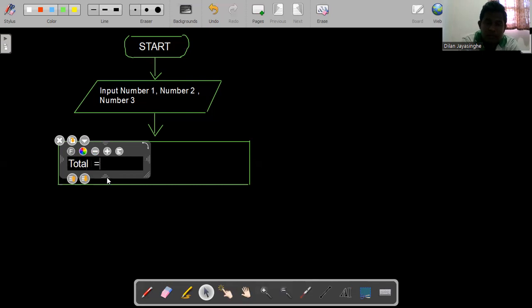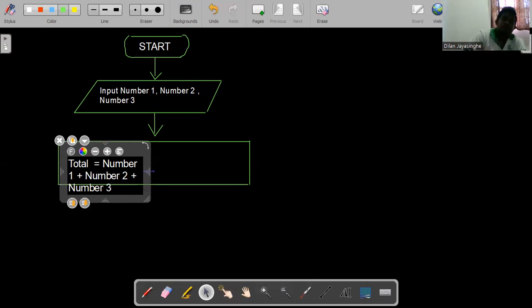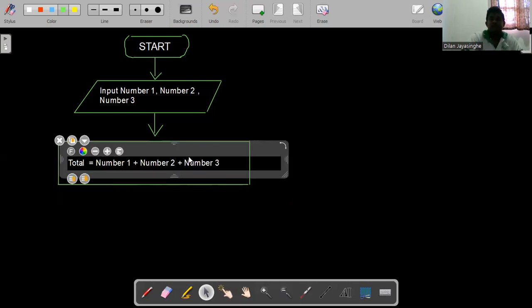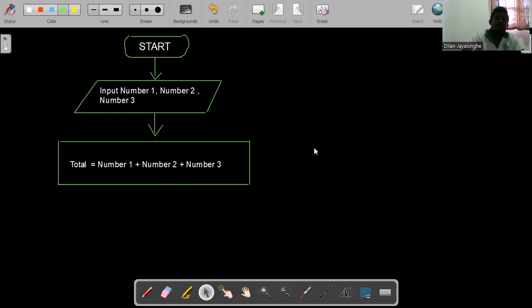Total equals number 1 plus number 2 plus number 3. Right? This is the process.